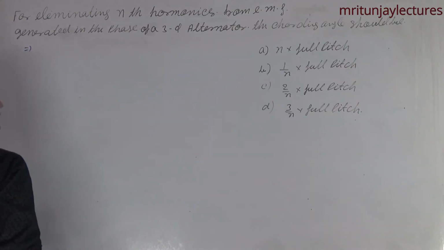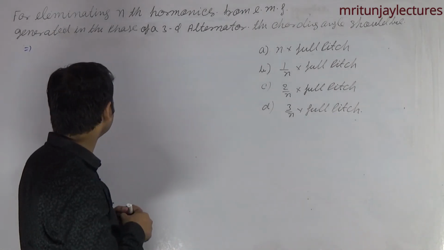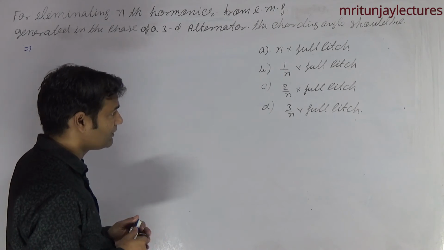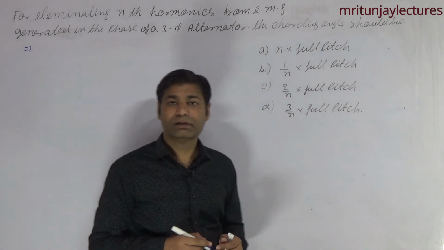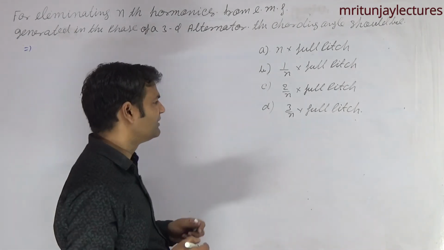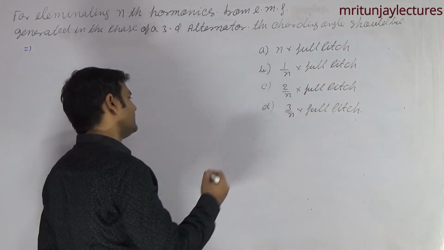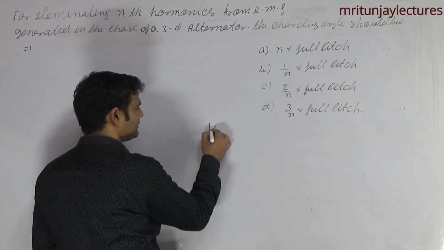Now, eliminating the nth harmonic from the EMF generated in the phase of a three-phase alternator, our motto: determine the chording angle if the nth harmonic is eliminated. If the nth harmonic is eliminated, what about the pitch factor?